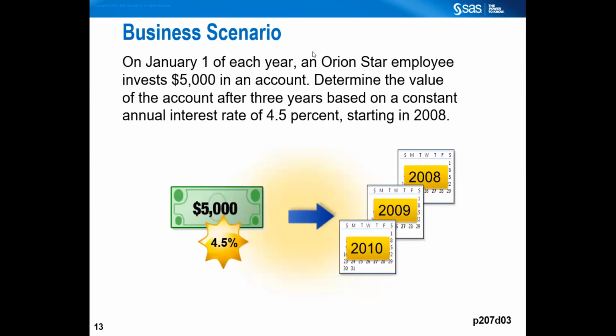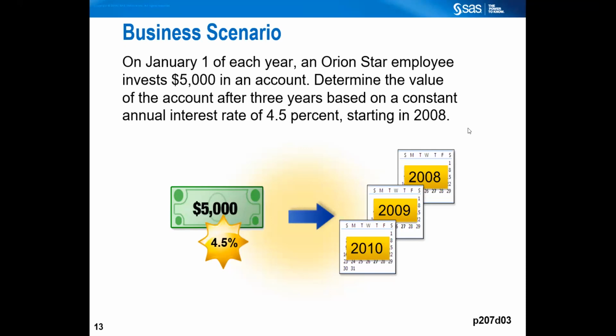It says that on January 1 of each year, an Orion Star employee invests $5,000 in an account. Determine the value of the account after 3 years based on a constant annual interest rate of 4.5%, starting in the year 2008.